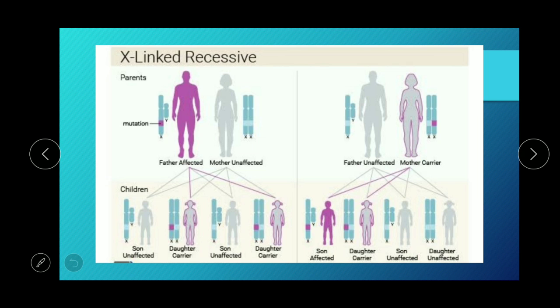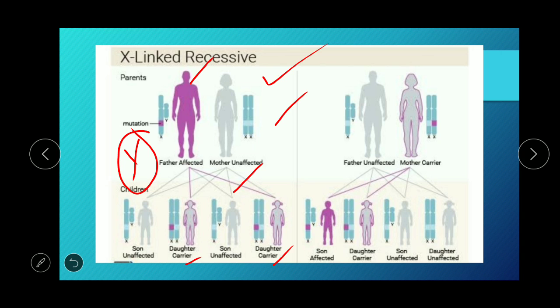So you can see the inheritance pattern of the X-linked recessive allele. Father affected, mother unaffected: the affected father will make the daughter a carrier, and the son will be unaffected, because the son always inherits the Y chromosome from the father.